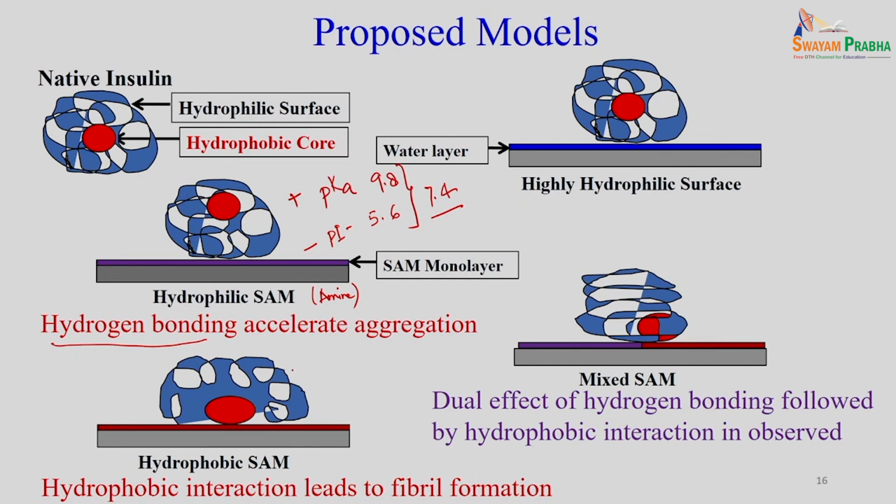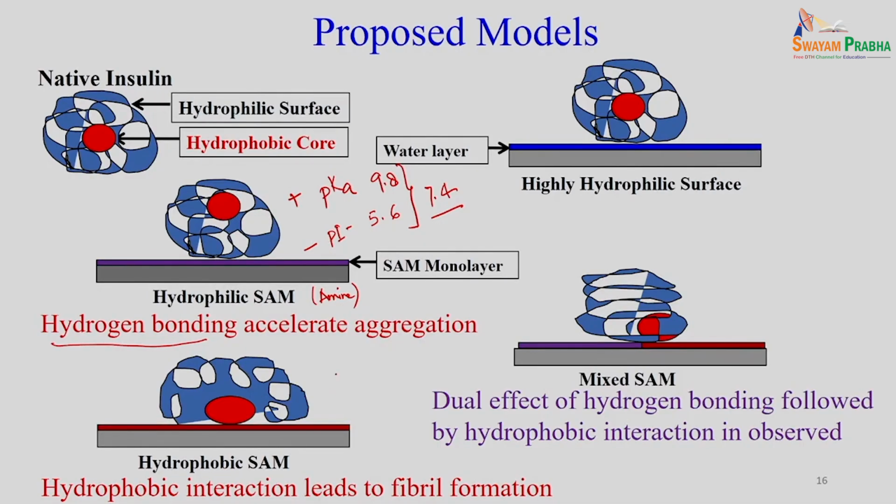Now, what happens here? In this case the hydrophobic group is there at the surface, but it is surrounded by the hydrophilic groups. So, the formation of nuclei or the multilayer adsorption process is delayed. That is why we observed a relatively longer lag time in case of the octyl surface.